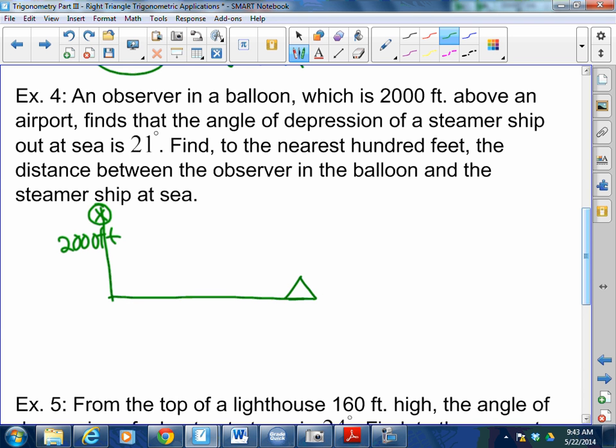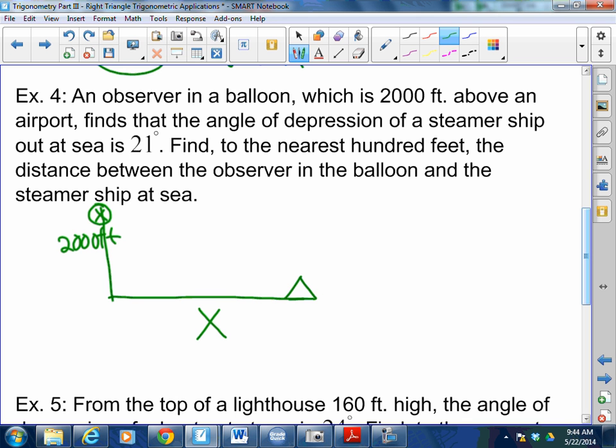Find to the nearest 100 feet the distance between the observer in the balloon and the steamer ship at sea. So he wants to know this right here, the distance between them.